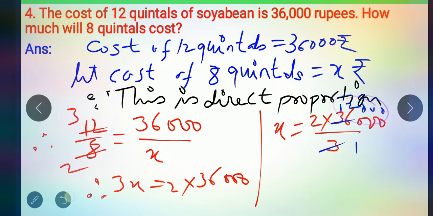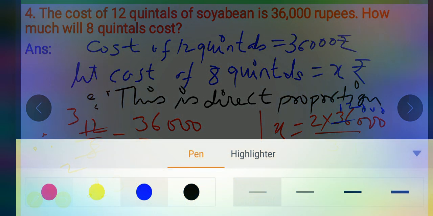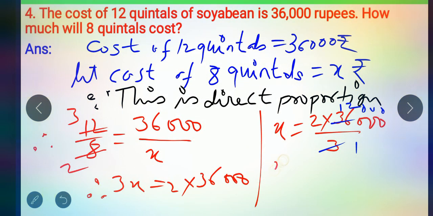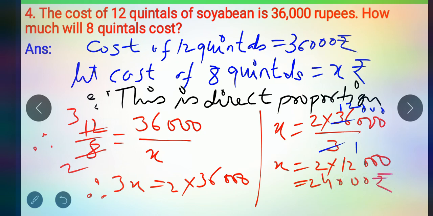Therefore x is equal to 2 into 12,000, will get 24,000 rupees. So this is how you will solve this sum, and the cost of 8 quintal is equal to x, that is 24,000. So we have solved the fourth sum also, students.